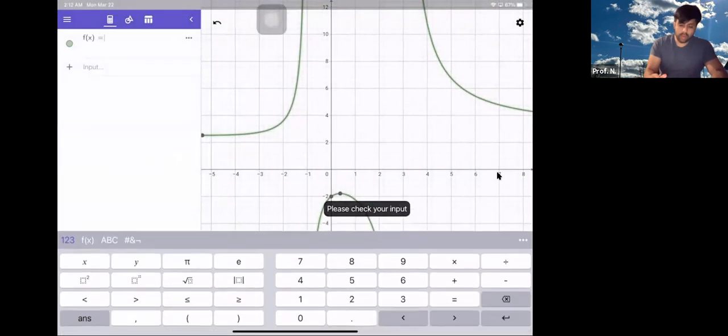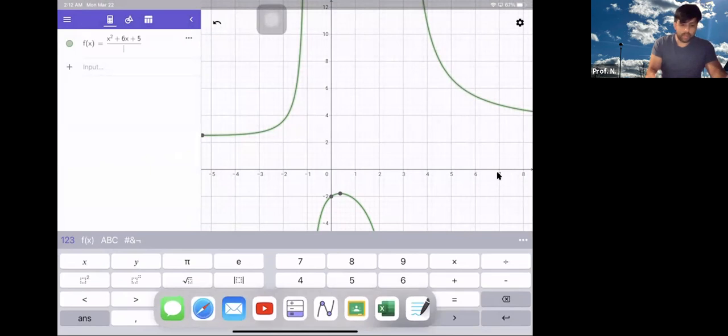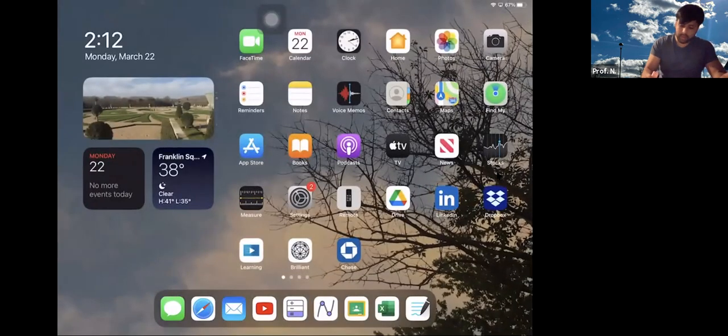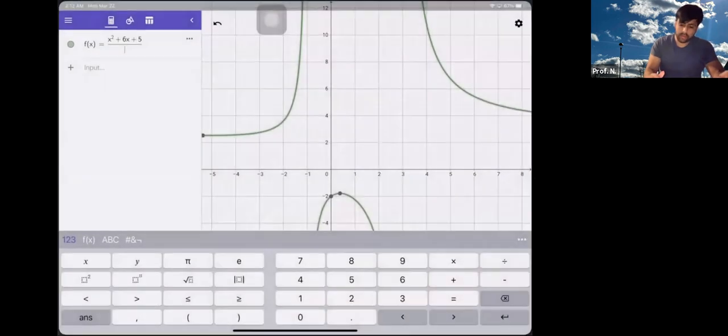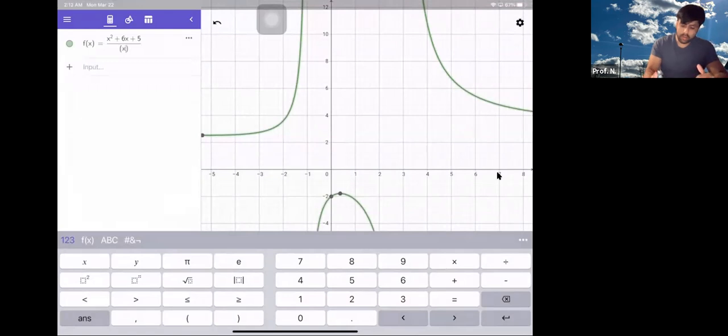So we got x squared plus 6x plus 5, and I'm going to divide that by x plus 1, times x minus 3, times x plus 5.